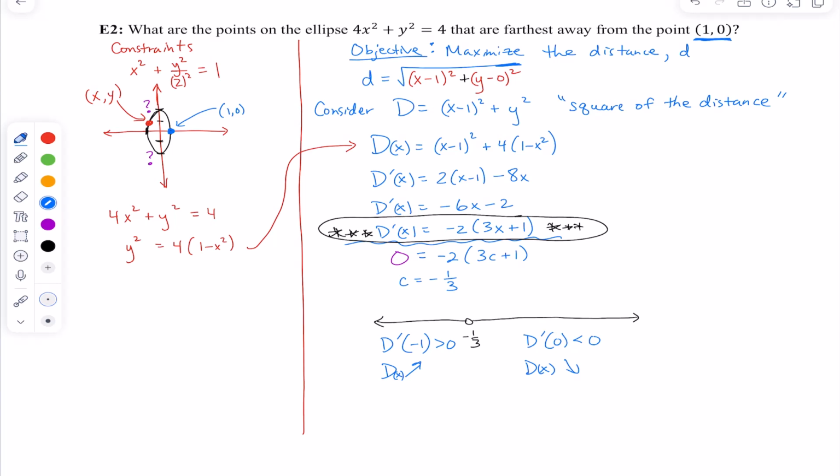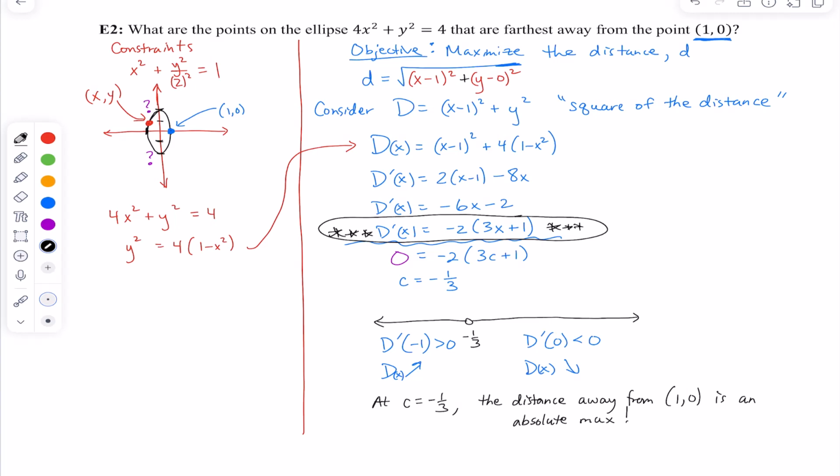That means we have an absolute max. This is so awesome. So at c equals negative 1/3, the distance away from (1, 0) is an absolute max. Or absolute maximum. That is what we want.